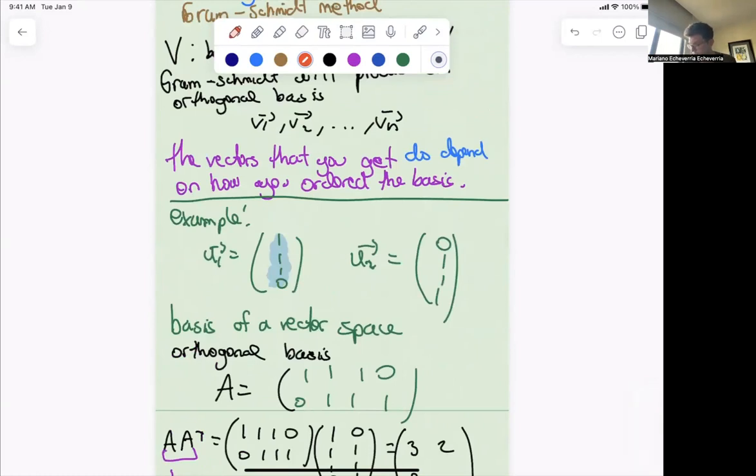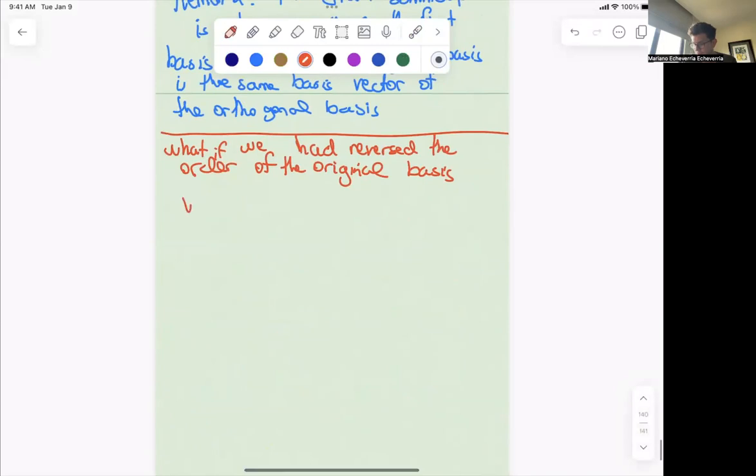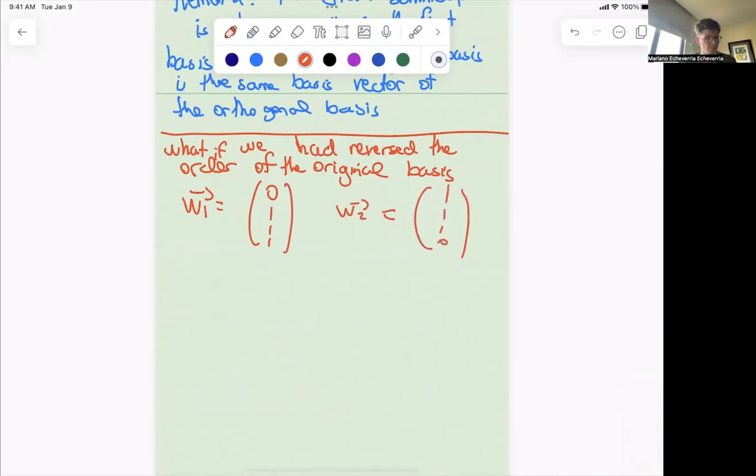I'm going to call this one the first basis vector and this one the second basis vector. Let's call them W1 and W2 to not make it very confusing. But again, I'm literally just changing the order in which the basis vectors appear.